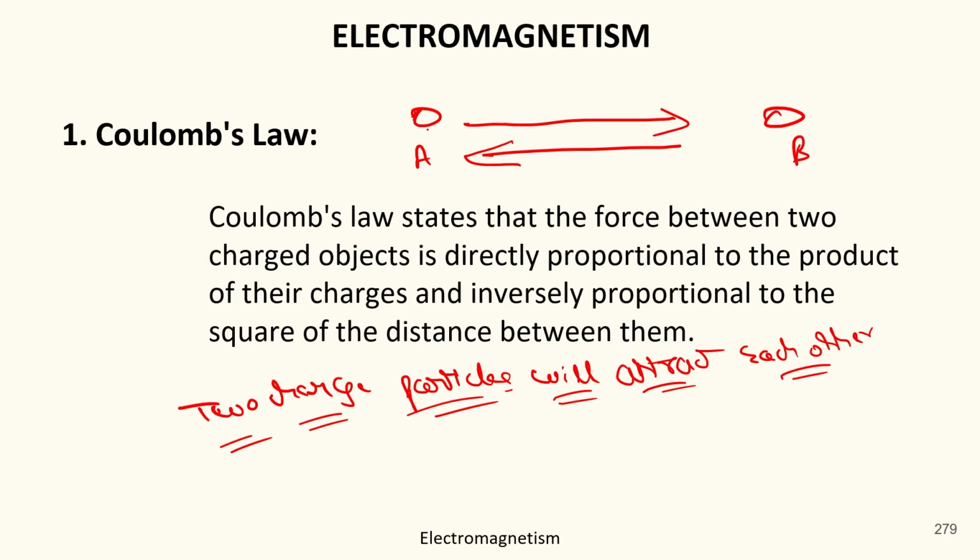If there is one charged particle, particle A, and another charged particle, particle B, they both will be attracted to each other, but the force of attraction between those two charged particles will be directly proportional to the product of their charges.